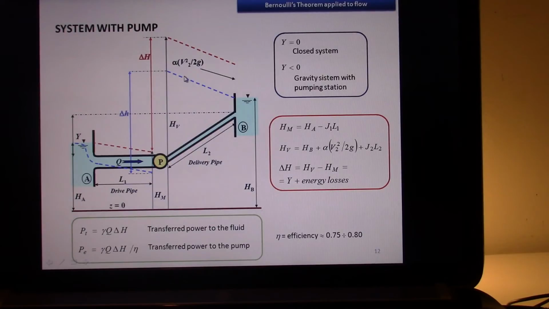We will see next that there are some problems usually in the drive pipe, problems related to the cavitation of the pump, which of course are a serious problem, and they occur when the pressure before your pump is such that it can create bubbles.